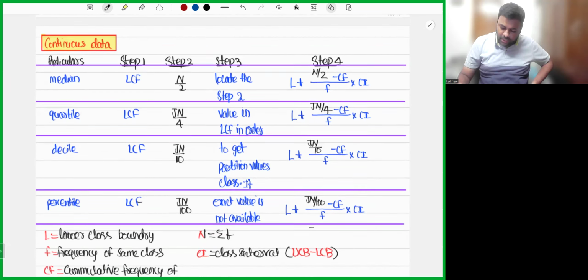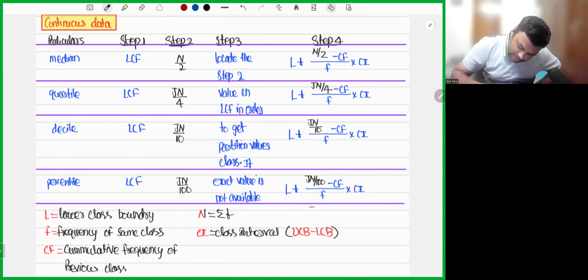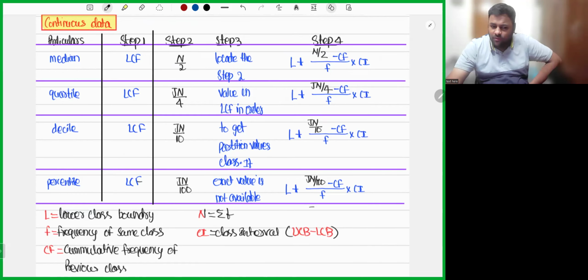Now in continuous data, how will you solve, my dear friends? First step, you'll calculate LCF, the less than cumulative frequency.